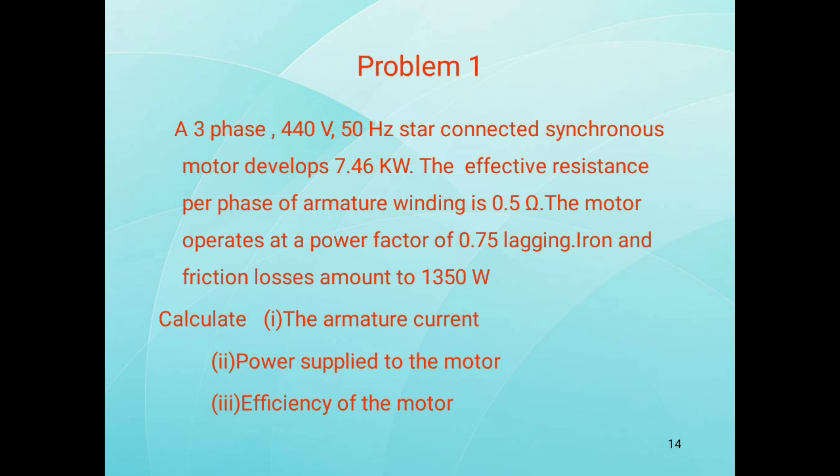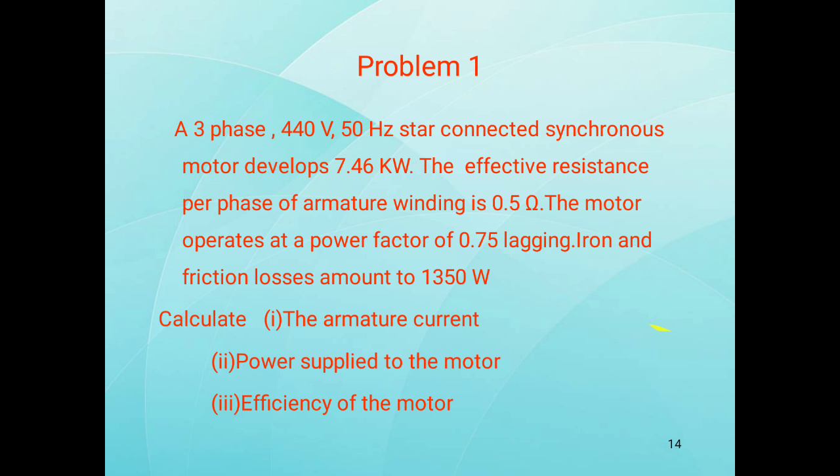So now go for problem 1. A three-phase 440 volts 50 Hz star connected synchronous motor develops 7.46 kilowatts. The effective resistance per phase of armature winding is 0.5 ohms.